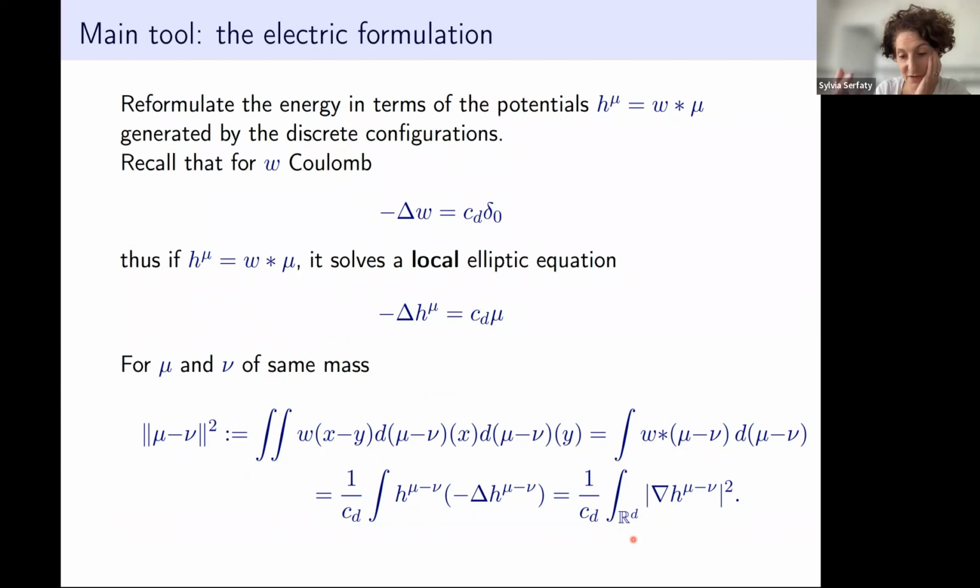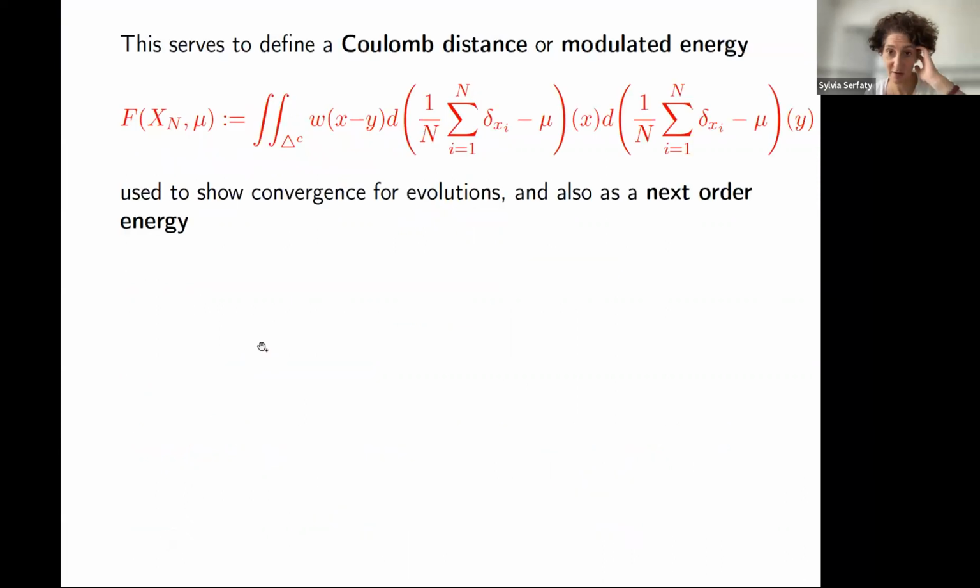This is, of course, known in physics, not so surprising, but you can use that, in fact, to define a distance. You see, I write it norm mu minus nu squared, so it's like a distance squared between mu and nu. And so here I'm going to rewrite it now for a discrete situation.